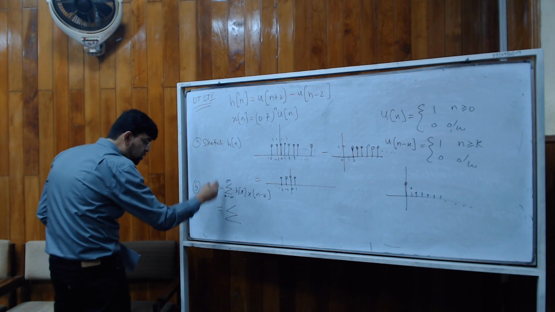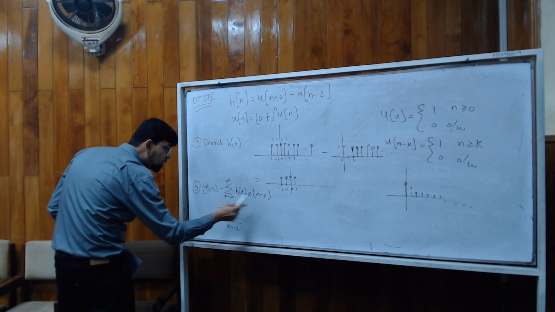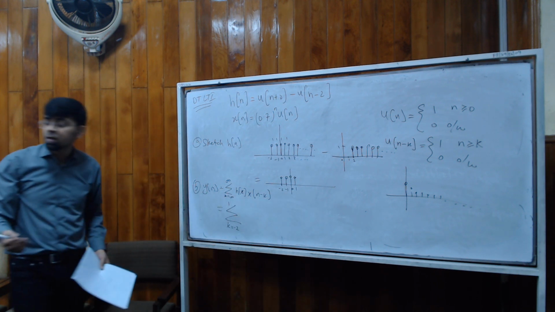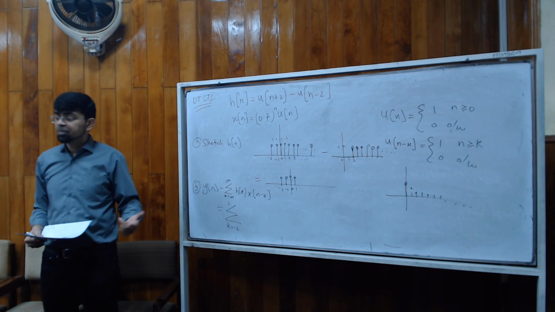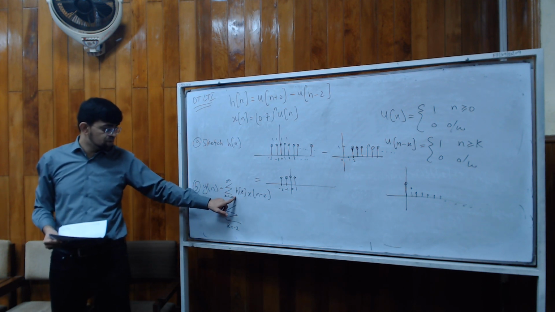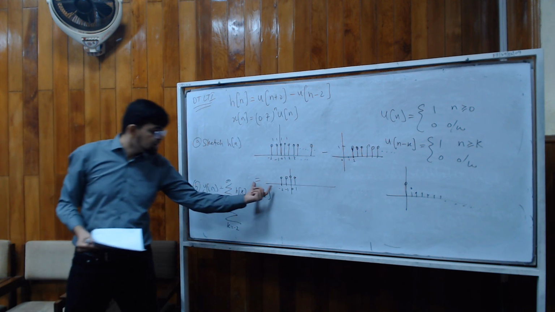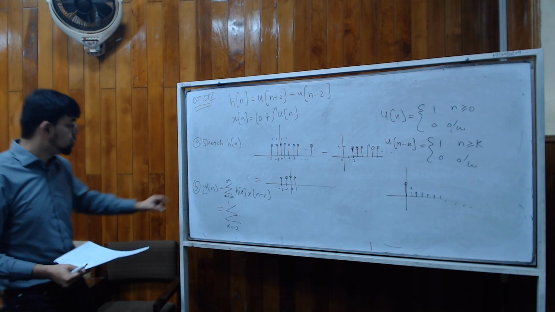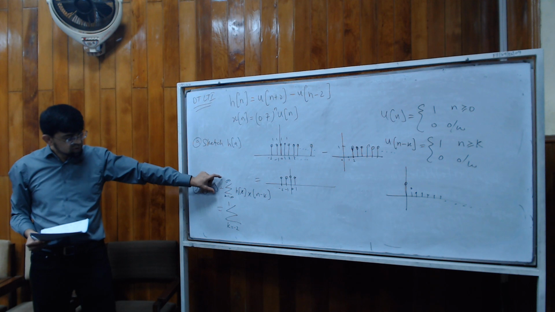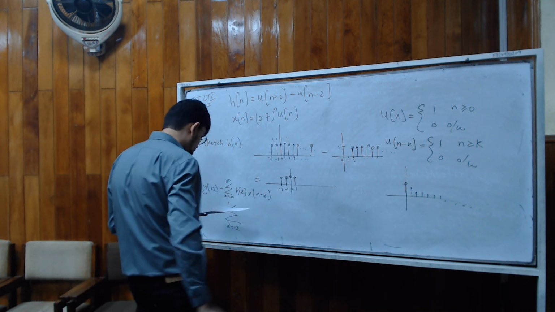Instead of worrying about all the terms, k can be only from -2 to 1, because for all the other terms, h[k] is 0. h[3] is 0, h[-3] is 0, h[2] is 0, h[4] is 0, h[-9] is 0. All these terms here and here are all zeros. So you will limit your summation terms according to what values you have.